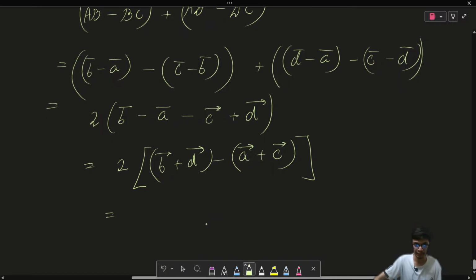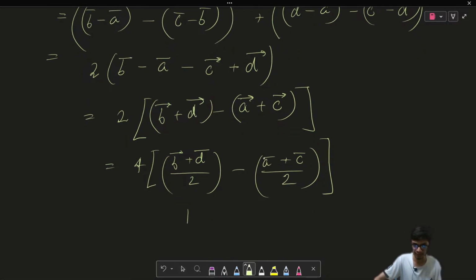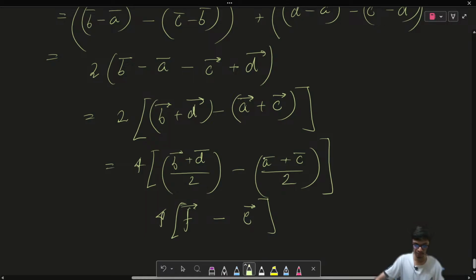If I divide by 2, then I have to multiply by 2, and I can write this expression as 4 times of B plus D vector by 2 minus A plus C by 2, right? So this is nothing but my F position vector, minus, and this is nothing but my E position vector. And that is equal to 4 times of that, right?